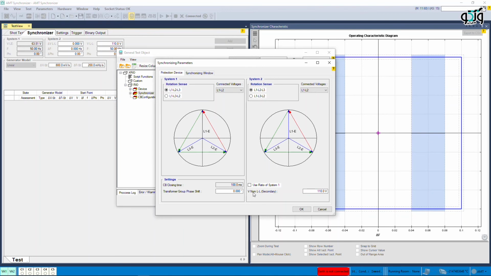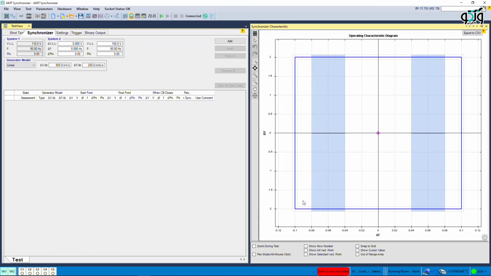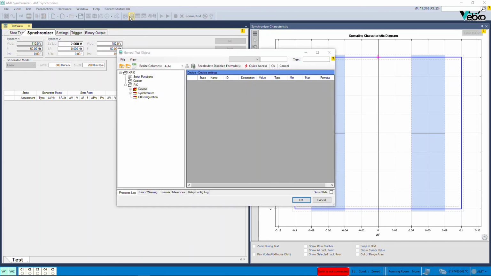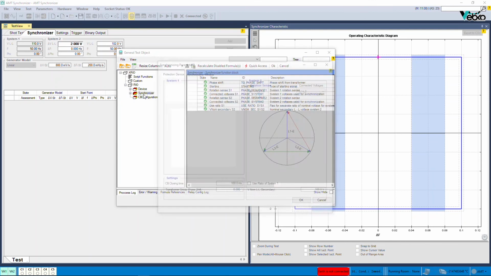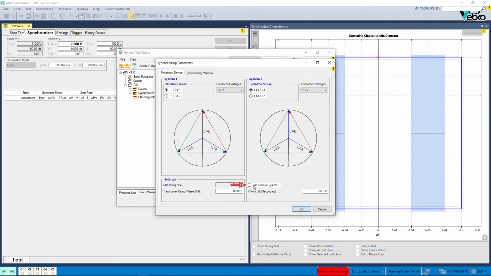This means that if the nominal voltage of system number 1 is 110 volts and the nominal voltage of system number 2 is 100 volts, and the allowed difference of these systems is specified to be 2 volts, the minimum and maximum voltage of system number 2 must be 98 and 102 volts respectively. When the PT secondary turns ratio of the grid and the generator are the same, use ratio of system 1 is to be used.